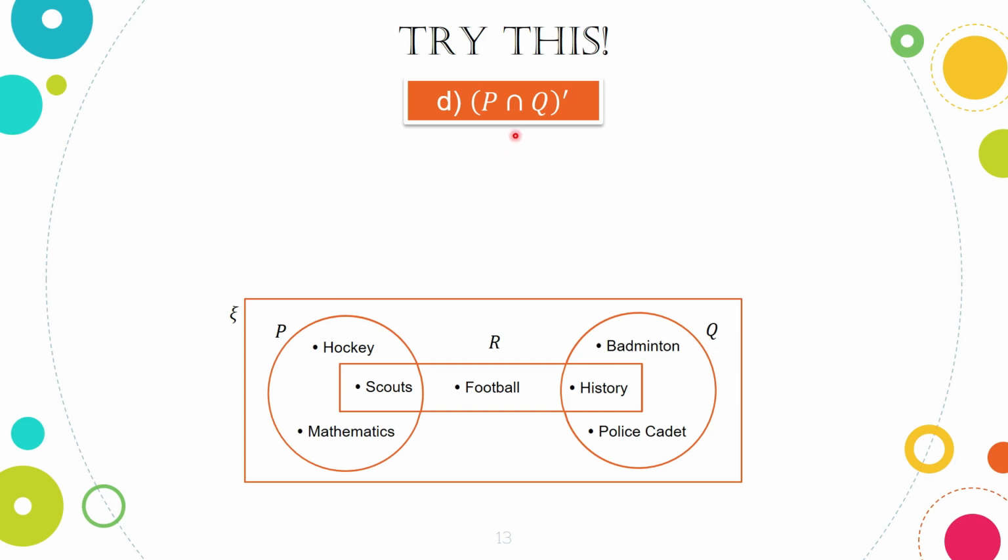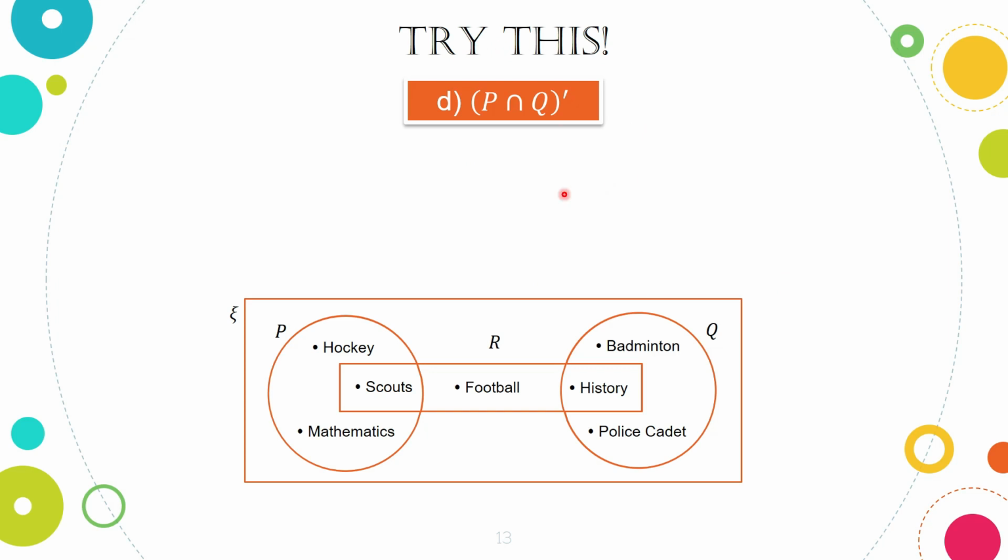First, you need to determine what is the intersection of P and Q. And then if you already determine this intersection, then you find the complement of the intersection. Then you can list down the elements that are the complement.